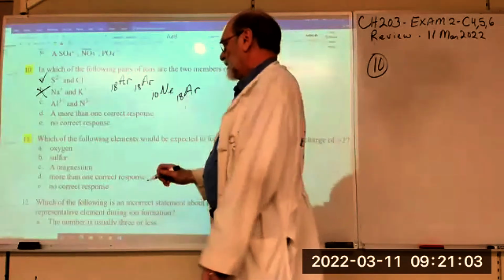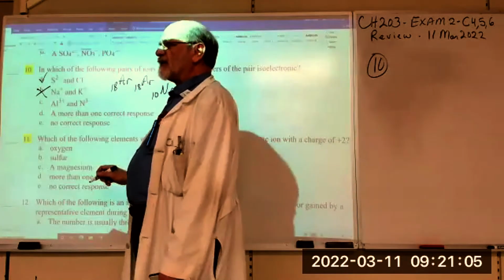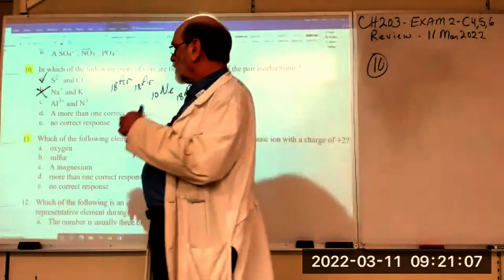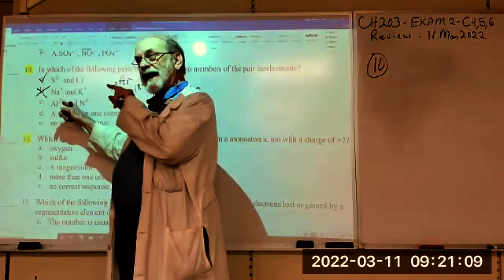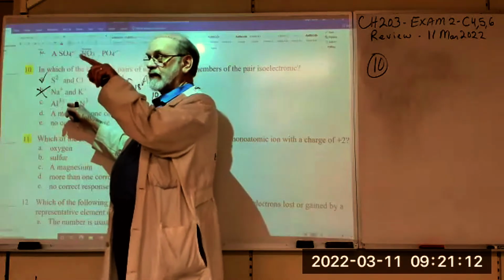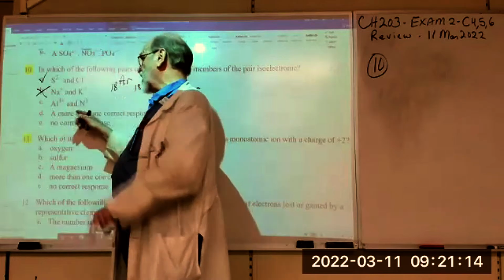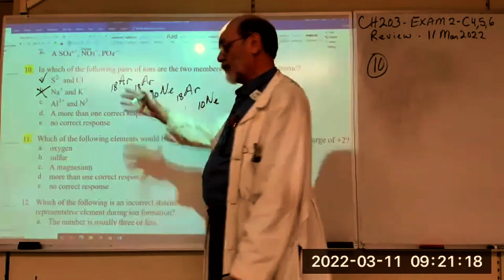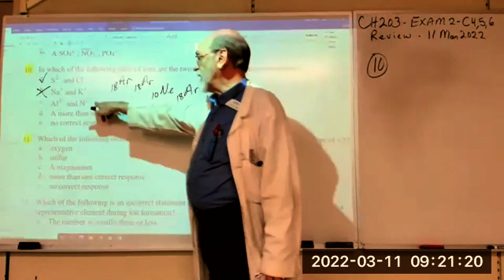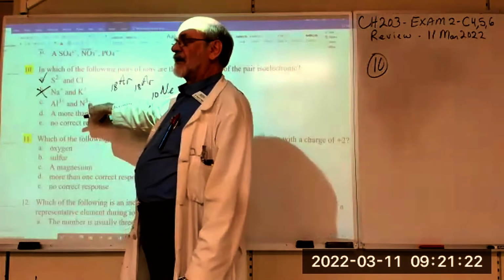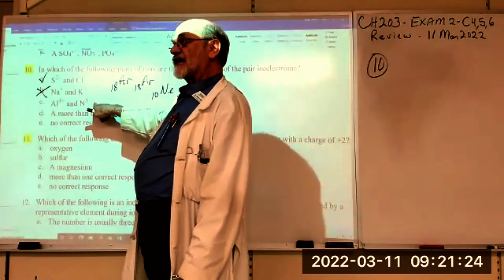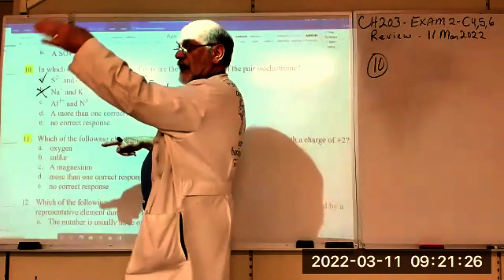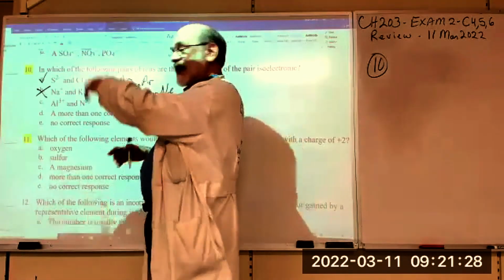Okay. How about aluminum? Aluminum 3+. Aluminum loses 3 electrons, so you go backwards, right? Aluminum, magnesium, sodium, neon. So aluminum is going to look like neon. How about nitrogen 3-? You add 3 electrons to it. Nitrogen goes nitrogen, oxygen, fluorine, neon.